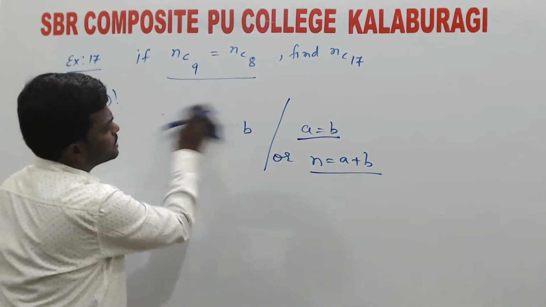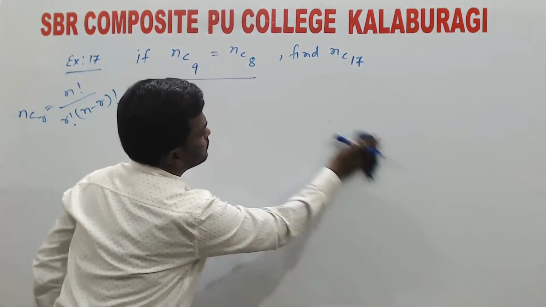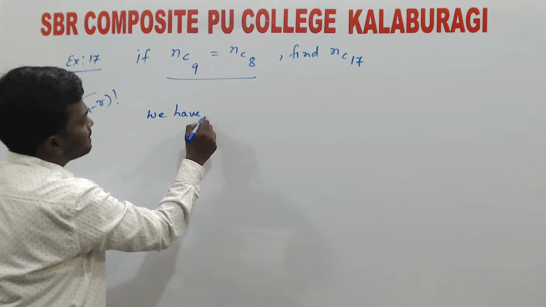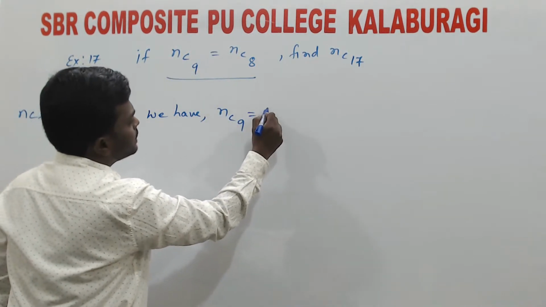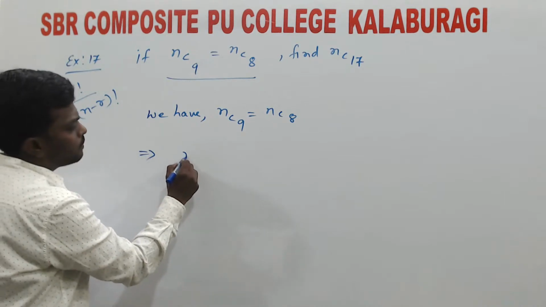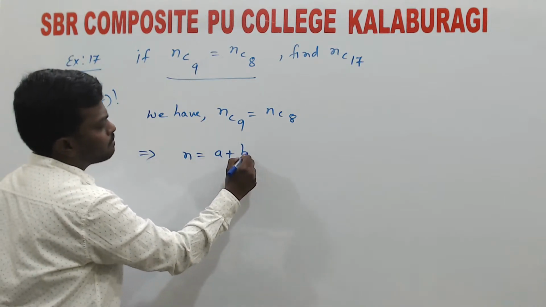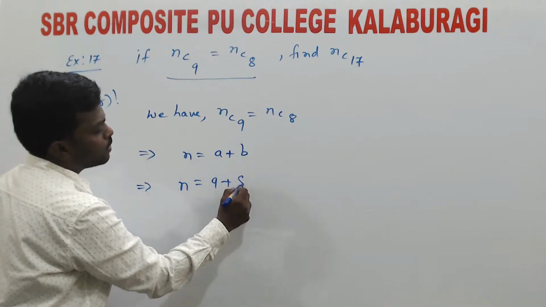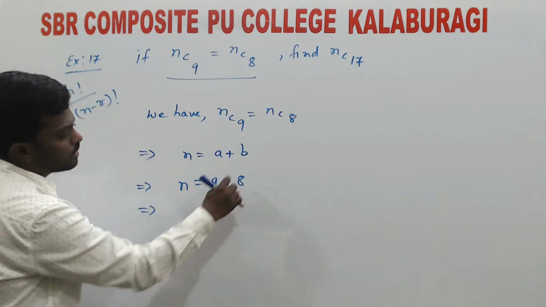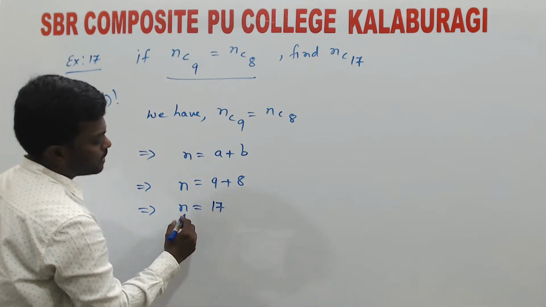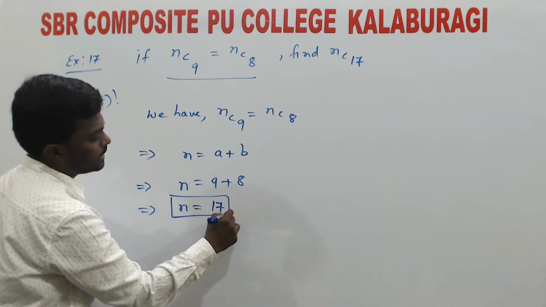Okay. So using this property, we now have nC9 is equal to nC8, which implies n is equal to a plus b. So what is a here? 9. And what is b here? 8. So n is equal to 17.